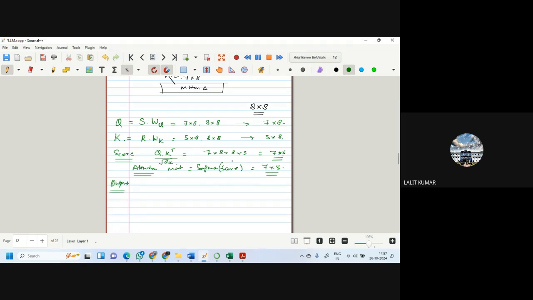Output is equal to attention matrix into V, 7 into 5 into... Should it also be V transpose? No, it will not be V transpose. Sorry, for the row vector, when you consider, V size is also 5 into 8. Is this dk from the encoder or decoder? It is from the encoder.